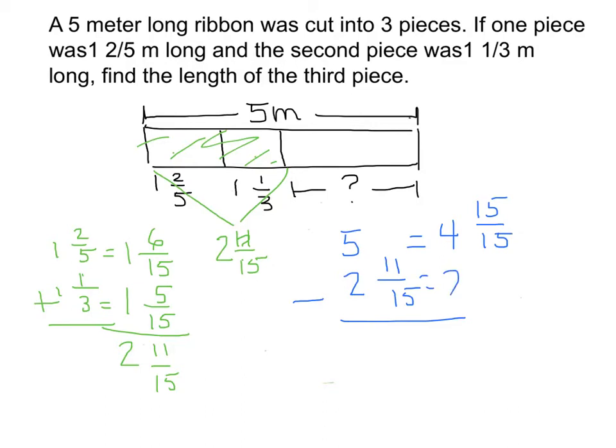And this 2 and 11 15ths stays the same. 4 minus 2 is 2, and 15 minus 11 is 4, and those 4 pieces are 15ths. So now I know that the length of the third piece is 2 and 4 15ths meters.